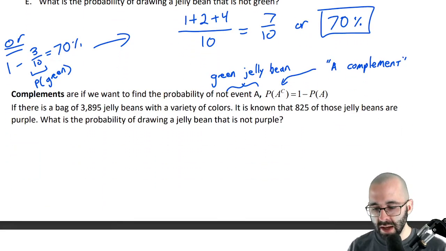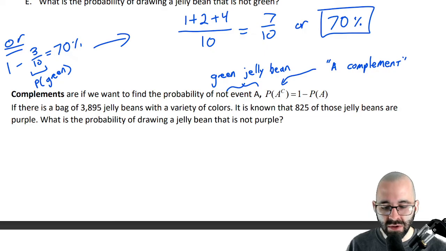All right, so last example. If there's a bag of 3,895 jelly beans, is that a really big bag? It sounds like a lot of jelly beans. Let me know if this isn't a big bag. With a variety of colors, and we know that 825 of those jelly beans are purple.